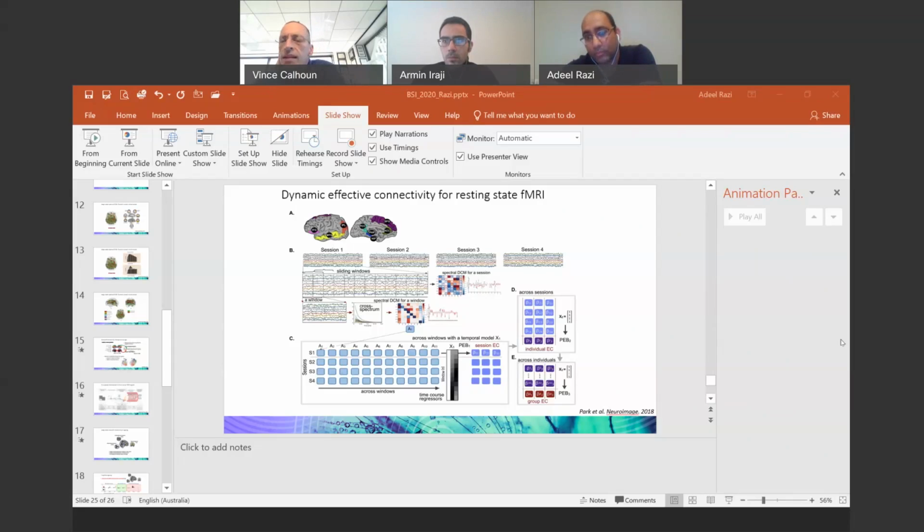Okay, thanks. And Kauser Abbas asks, in the Bayesian model inversion, is FC treated as a single object, or are all edges treated separately? Yes, so if I talk about spectral DCM, what we use is the cross-spectral density.